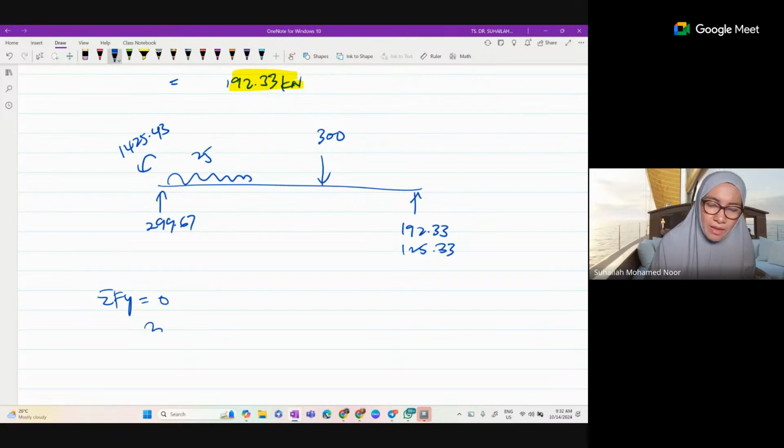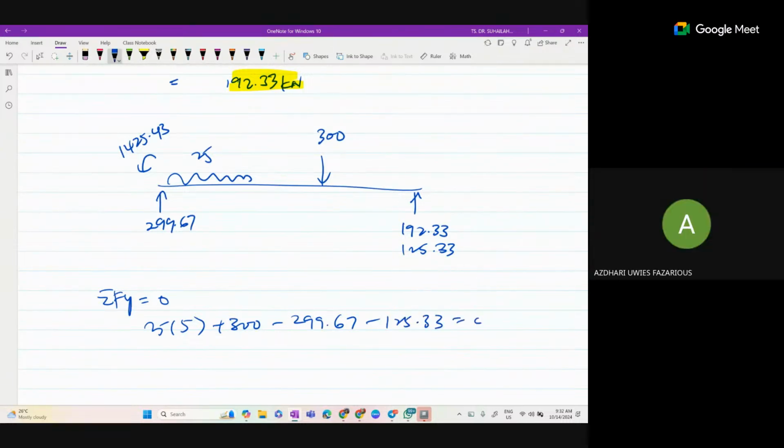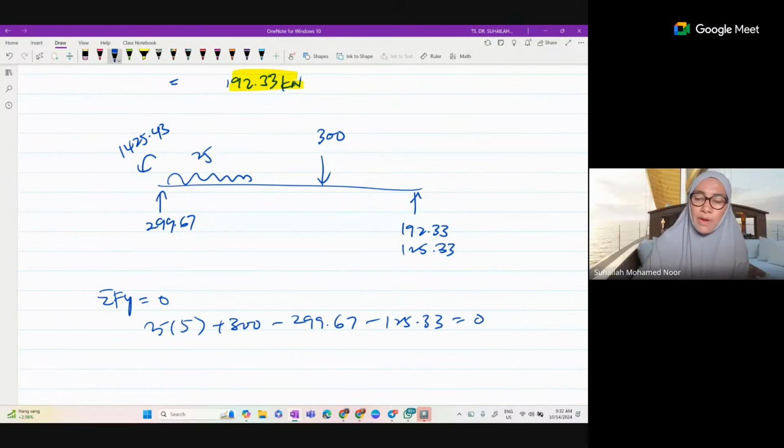Cuba check. 25 times 5 plus 300 minus 299.67 minus 192, ke mana 125 yang dapat 0? Cuba tengok. 125 dapat 0. So 125 lah.